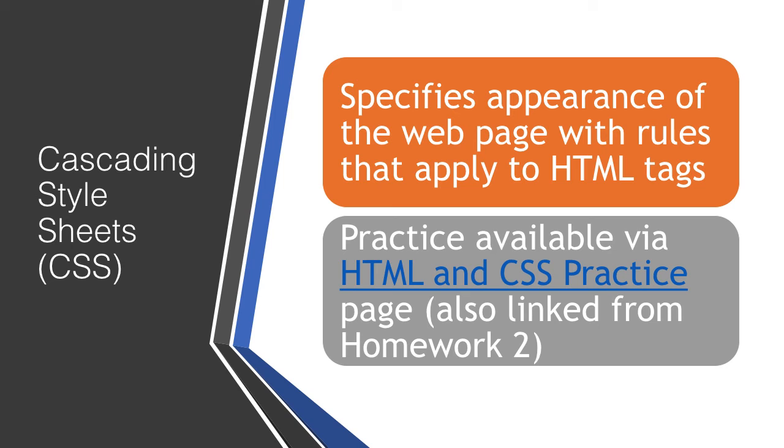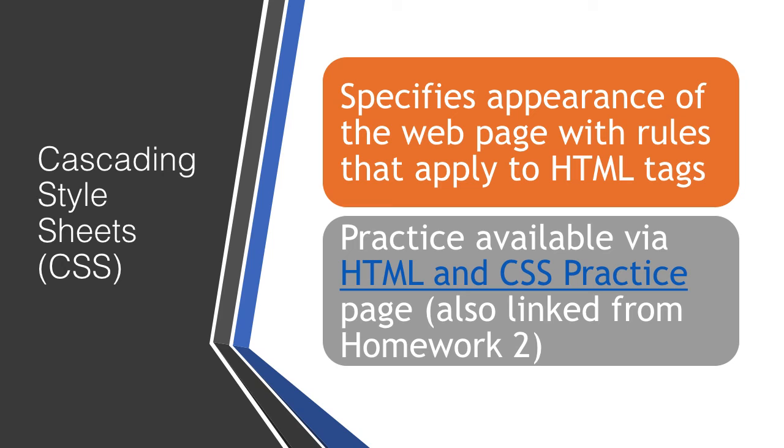Now, your browser has some default settings, so if you don't provide a cascading style sheet page, we usually just call it a style sheet. So if you don't provide a style sheet, it knows how to generally display things like the heading 1, and it will use those defaults if nothing else has been specified.